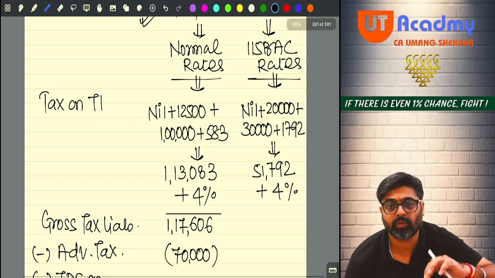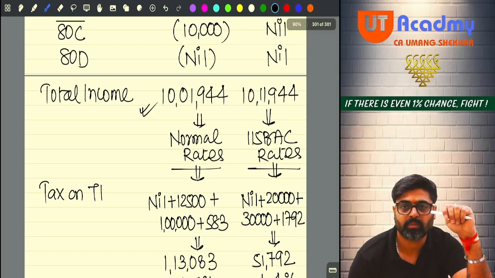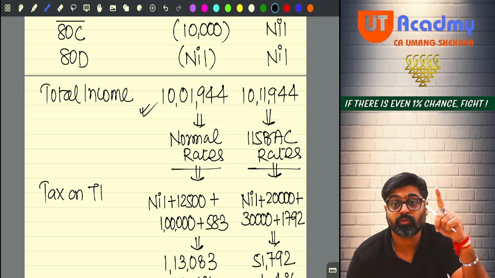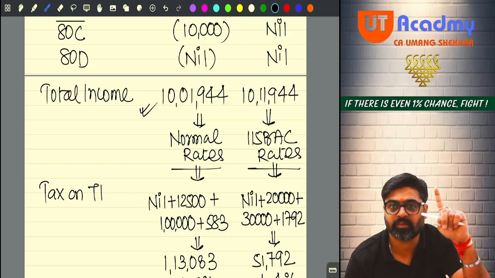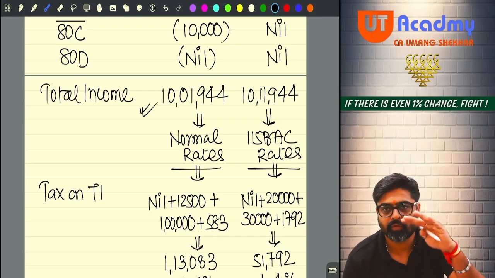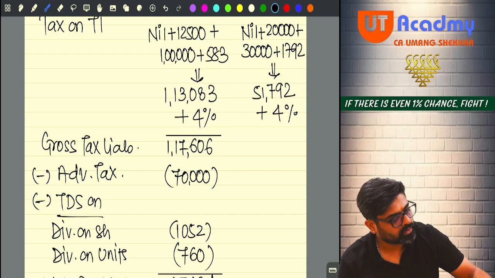See, I am not going to charge any surcharge because for surcharge total income is not more than 50 lakhs. No rebate will be there because for rebate 7 lakh total income is seen under 115BSC. So my total income is more than 7 lakhs. So no rebate will also be granted. Only 4% cess will be charged. So into 4% it will be 2072 and I will add that.